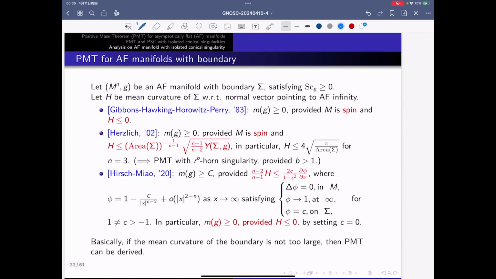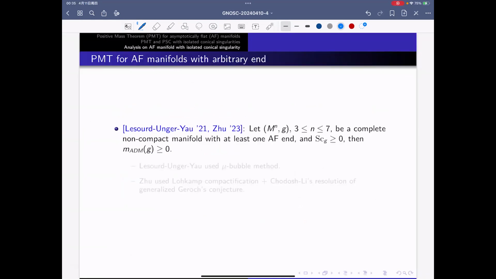Okay, and another thing we can use is the positive mass theorem for asymptotically flat manifolds with arbitrary ends. Basically, we have an asymptotically flat end and maybe some other ends, and the ADM mass is on the asymptotically flat end.